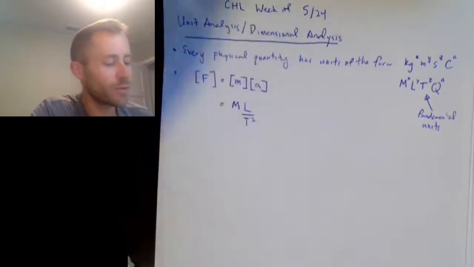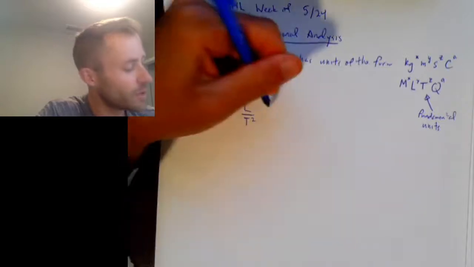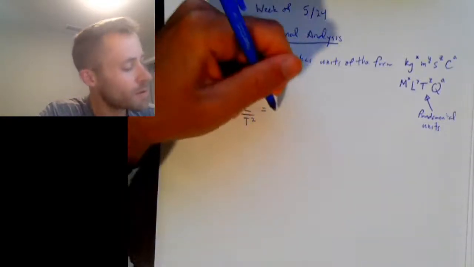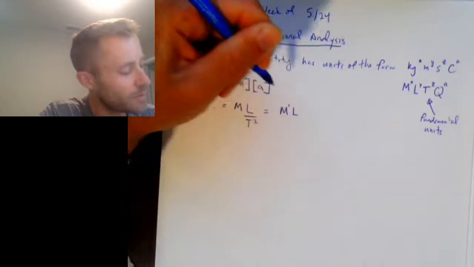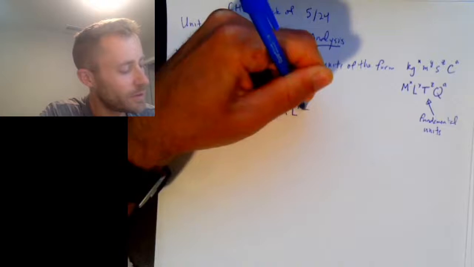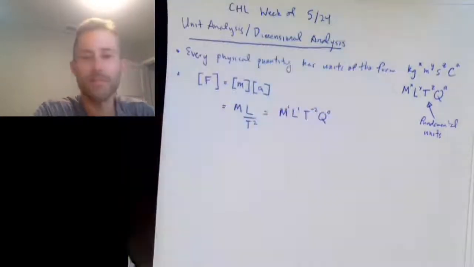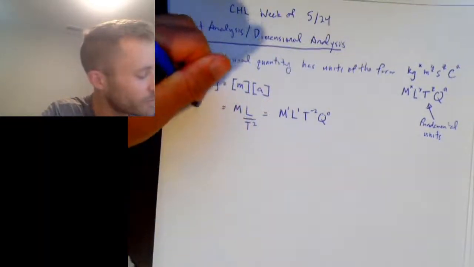So its fundamental units are length per time squared. So I could write the units of force as M to the 1, L to the 1, T to the negative 2, and Q to the 0. So those are the fundamental units of force.